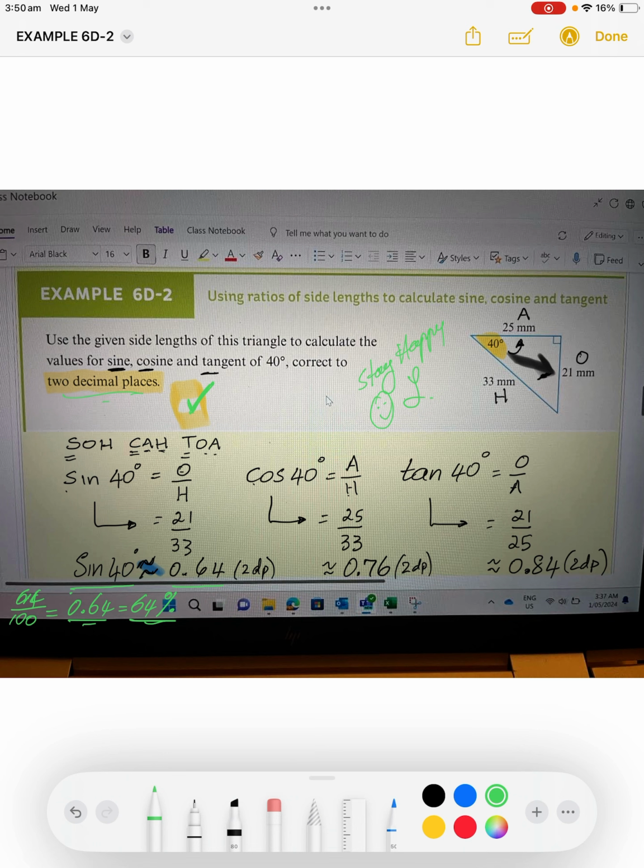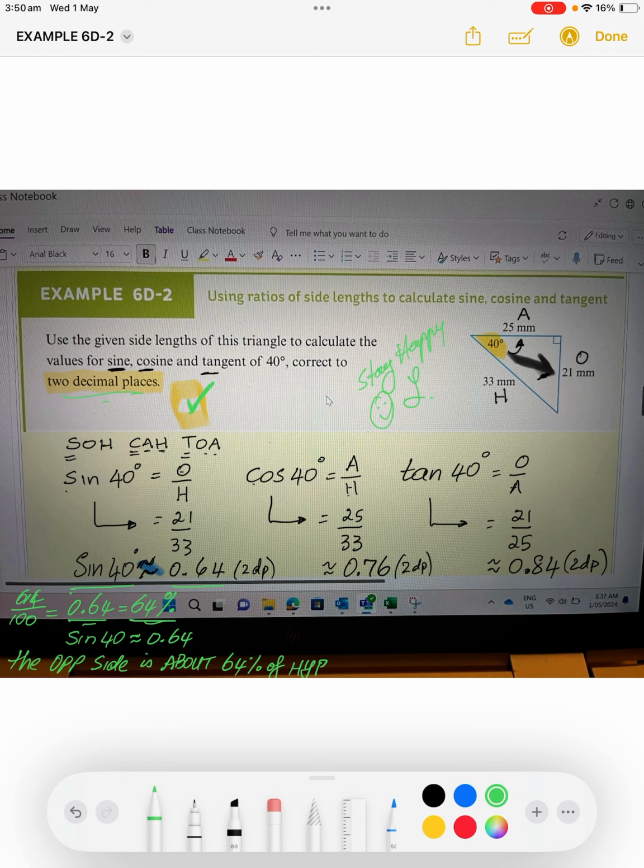What this says, if sine of 40 degrees is approximately 0.64, this means that the opposite side in every 40-degree triangle is about, because it's not exact, 64% of the hypotenuse.